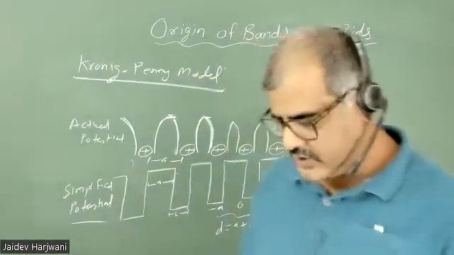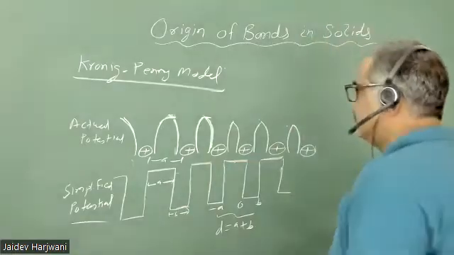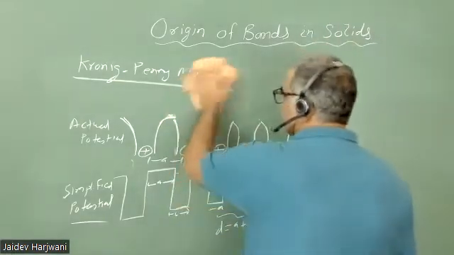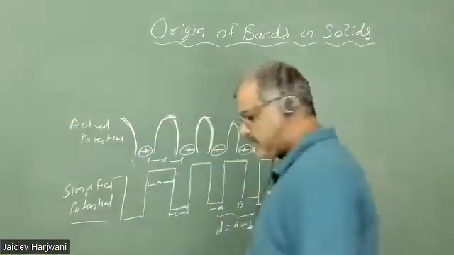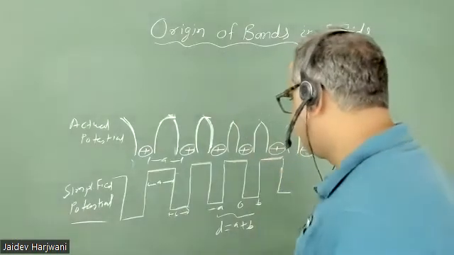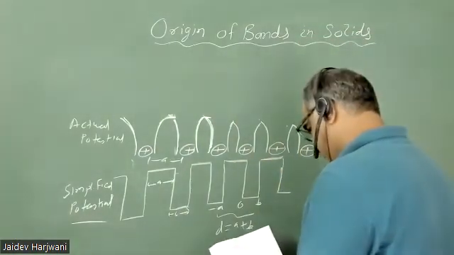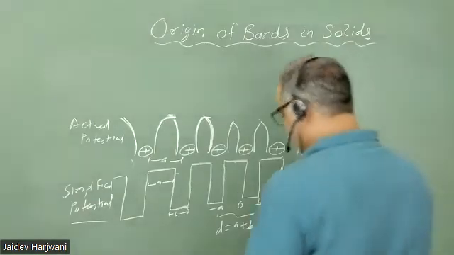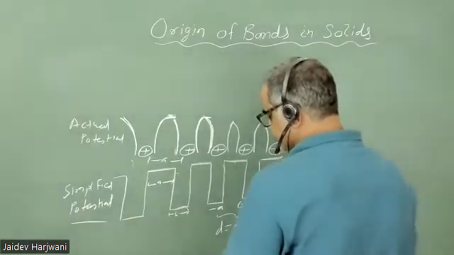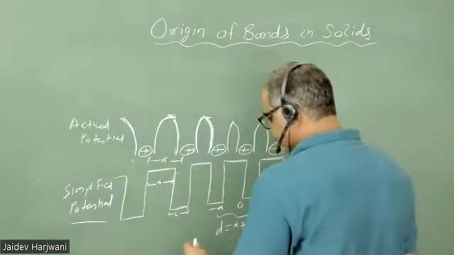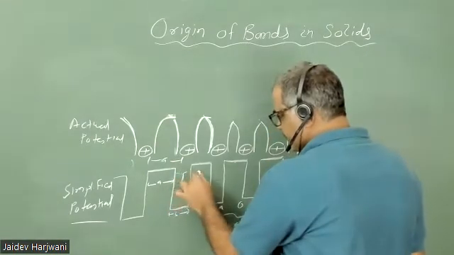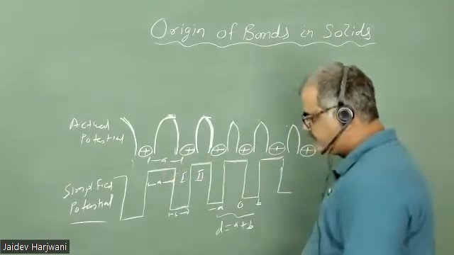Now I want to solve the Schrodinger equation for this kind of potential. You can see here we have two regions, region 1 and region 2.